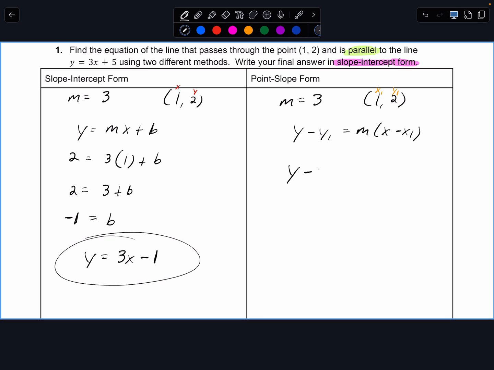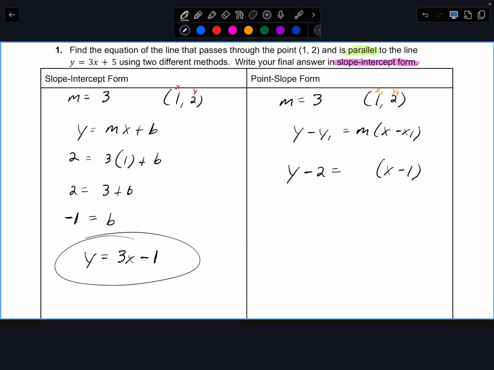All right, y minus 2 and x minus 1. Do you see how they are positive, but when they go into this formula, it's got to stay subtraction. So what students start to realize is, what if this was a -1? Then what would be in here? Double negative. Would be addition. So I don't write x minus -1, I just write x plus 1. Okay? So just be careful when you have using point slope form with those signs.